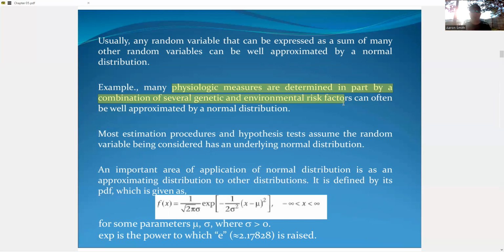There are a few people for whom genetics and environment make things go up or down, and in that situation we get approximately a normal distribution. So whenever we have multiple variables feeding into and impacting the one of interest, we can usually use the normal distribution to model it.